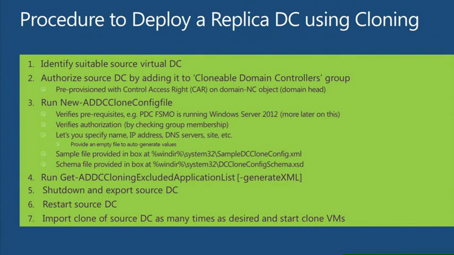We check to see if we see any applications that are not part of our well-known tested list. If we find something, we will refuse to allow you to clone that source DC until you, as the administrator, validate that the application is suitable and add it to a well-known, I'm going to allow this to be cloned, list.